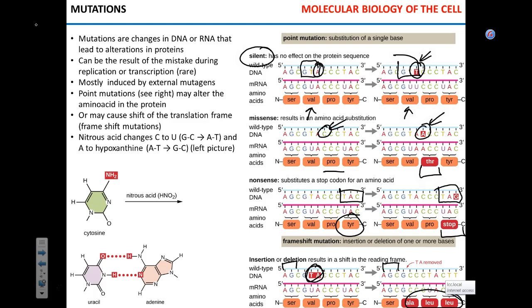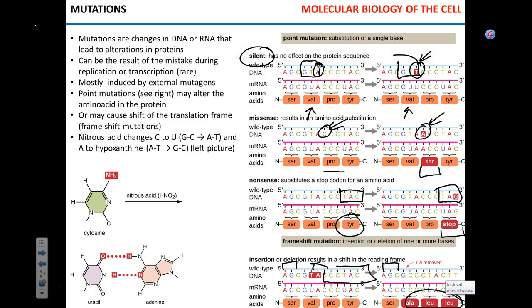But the second one is going to be totally different because your entire sequence will shift. And the frame of reading, the so-called reading frame, will shift. This mutation, insertion or deletion of 1 or 2 nucleotides, is called a frameshift mutation. Does that make sense? It is shifting the frame.